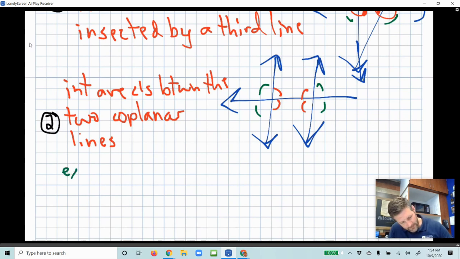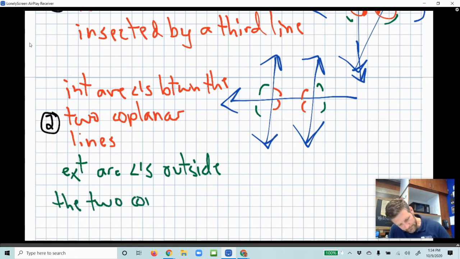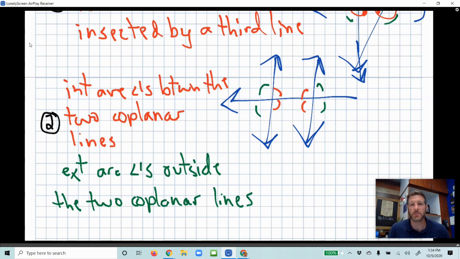The exterior are the angles outside the 2 coplanar lines. All right, I used my colors to designate which is which. You could number them or use colors as well. But as an example, show me that you can find the difference between the interior angles and the exterior angles.